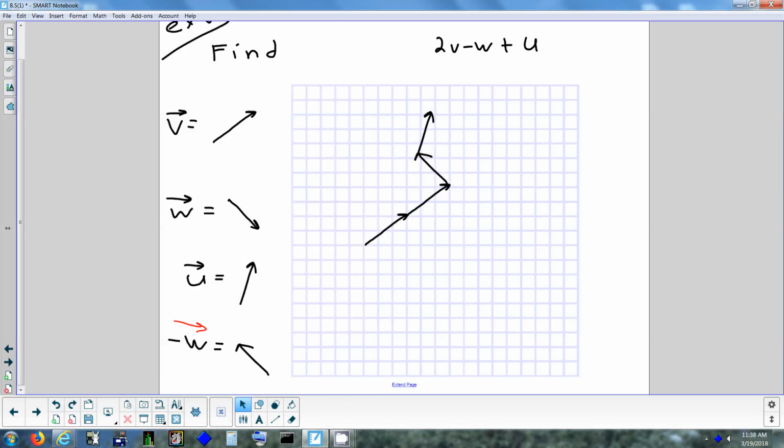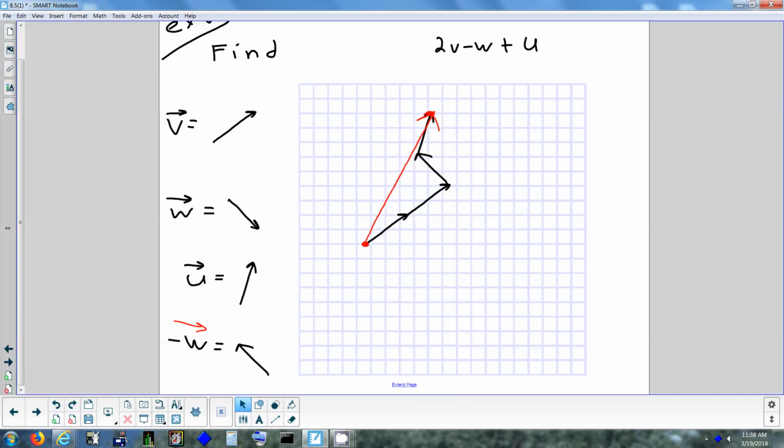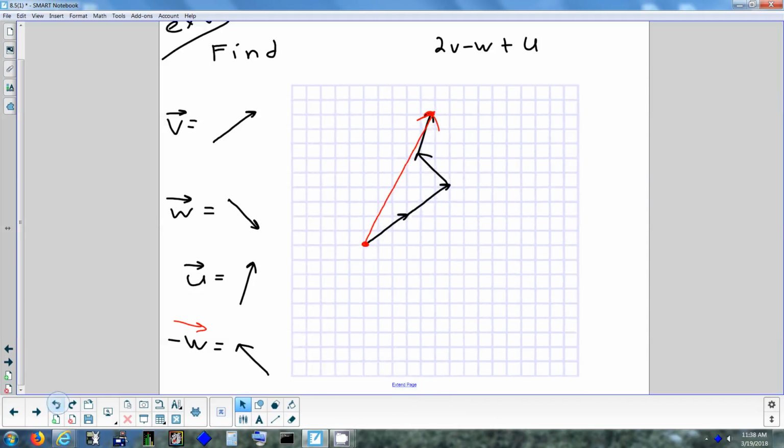Caitlin? First arrow. Yep. The last one. So the initial point of the first arrow to the terminal point of the last one. And it's about as straight as I can do it. And that's the answer.